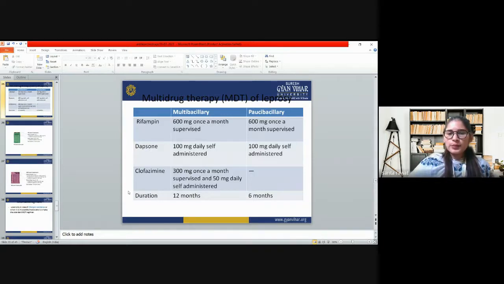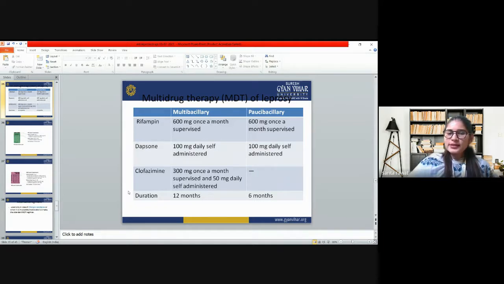Then dapsone is used at 100 mg daily, self-administered, in both. So we do not have to supervise the dapsone in multi-drug therapy of leprosy.